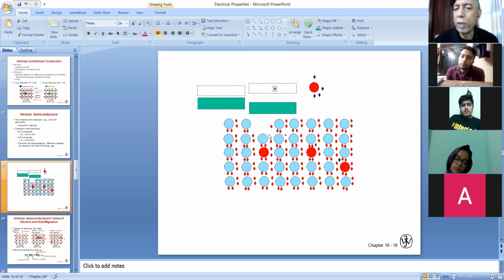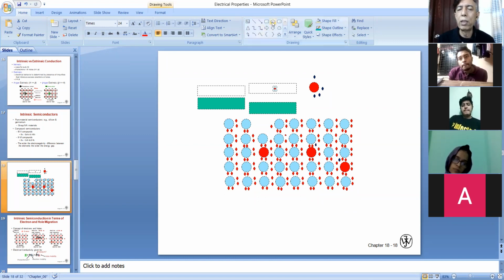You will find the empty space here because one electron from this space went from valence band to conduction band. So you will find an empty space here. This empty space is known as hole.